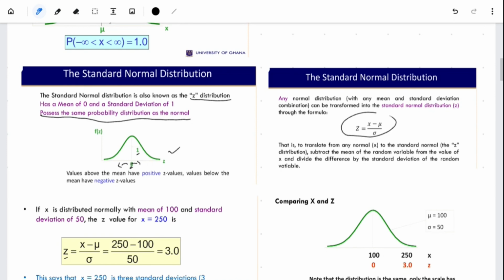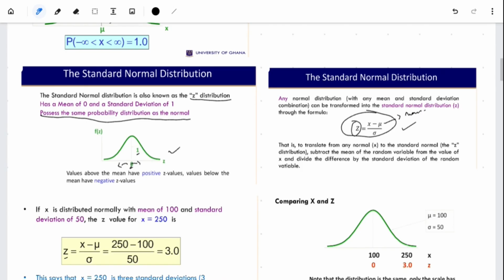Whenever you are given a sample, they give you the mean and the standard deviation, and then you have to find the standard normal distribution by using this formula, where z is equal to x minus mu all over the standard deviation, where mu is your mean.